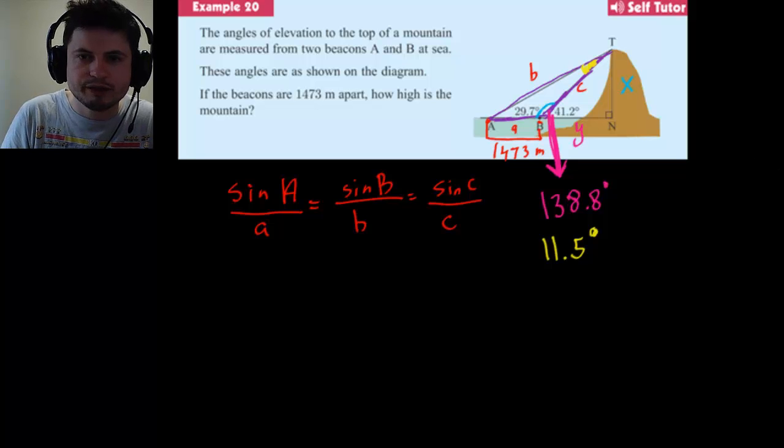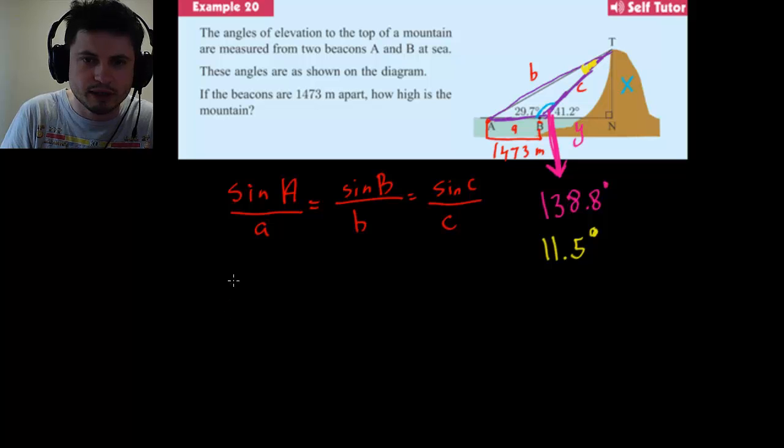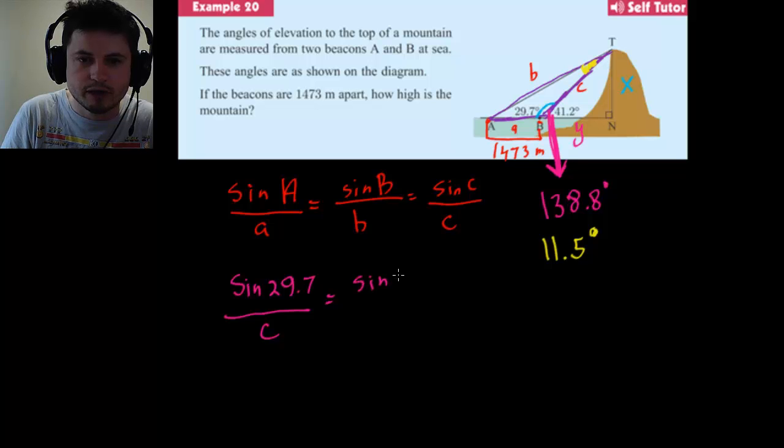And with this we can find side C, which is actually the hypotenuse in this particular triangle, triangle TBN. So this will allow us to find side C. Let's look at side C using slightly different colors. So sine of 29.7 divided by the side C equals sine of 11.5 divided by 1473.